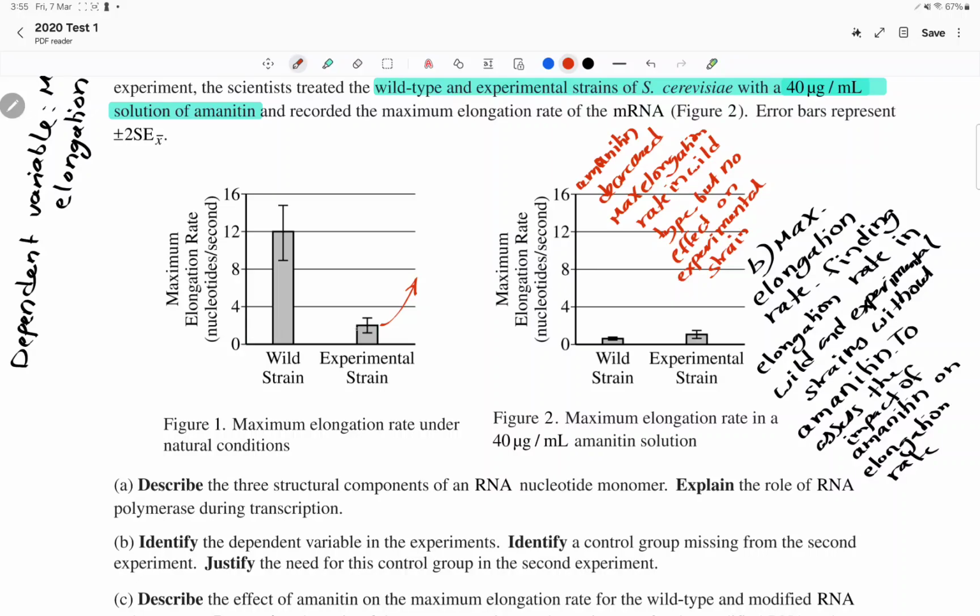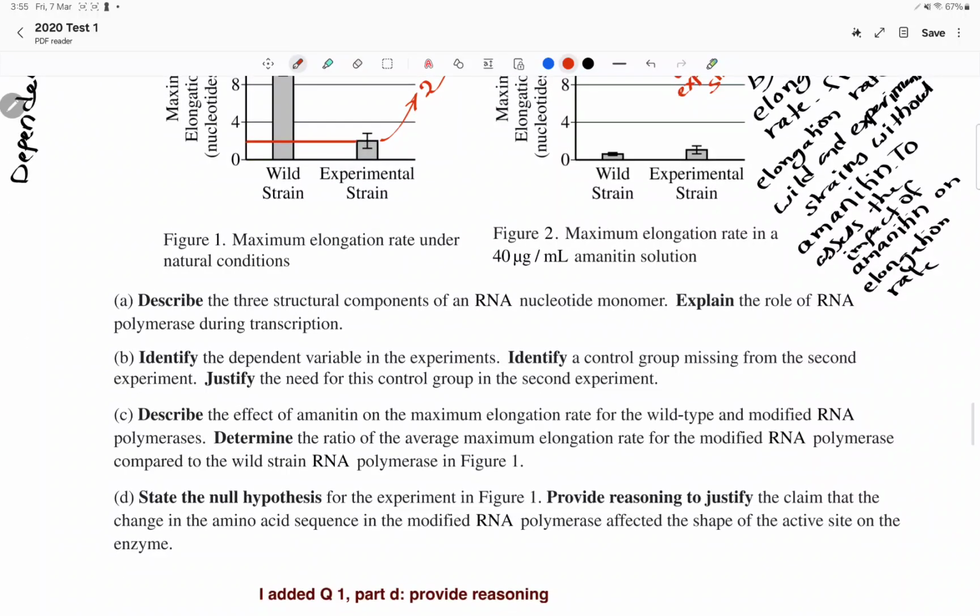Draw a straight line from here to here. That's at maximum at 2. And how about this one? 12. They're saying experimental to wild type. That's going to be 2 to 12, or 1 to 6. It's up to you.